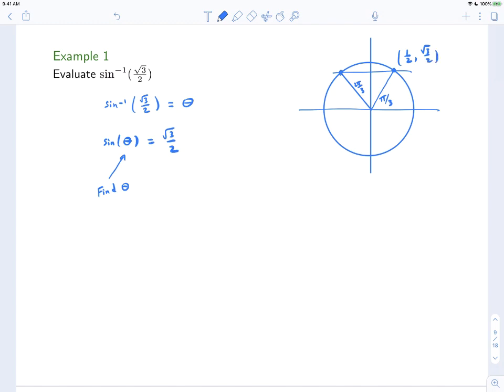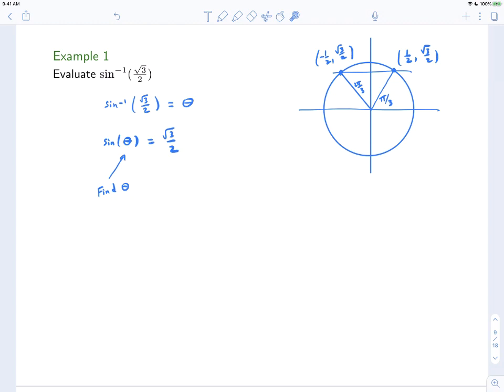And this one over here is minus 1/2 comma square root of 3 over 2. Both of these values of theta will give us a sine of theta which is square root of 3 over 2. And in fact, there are infinitely many more because I can keep going around the circle finding coterminal angles with pi over 3 and also 2 pi over 3.